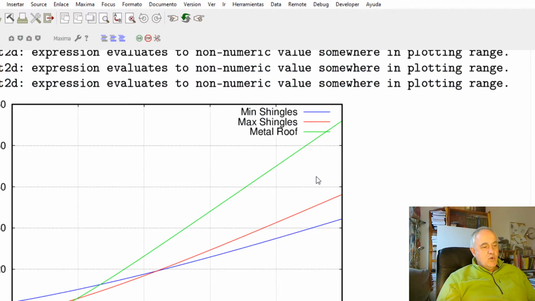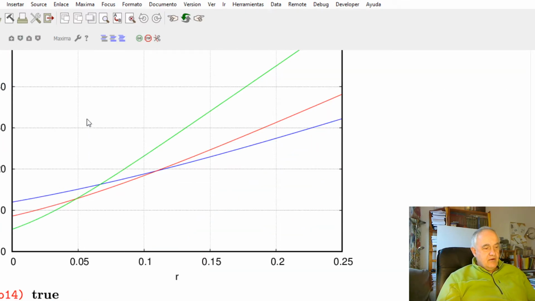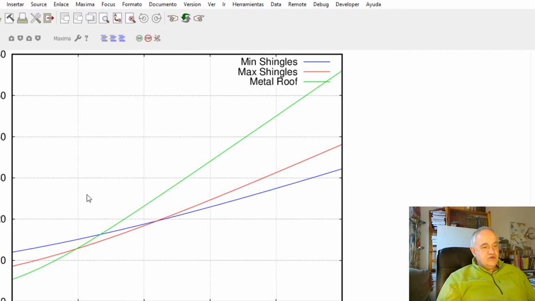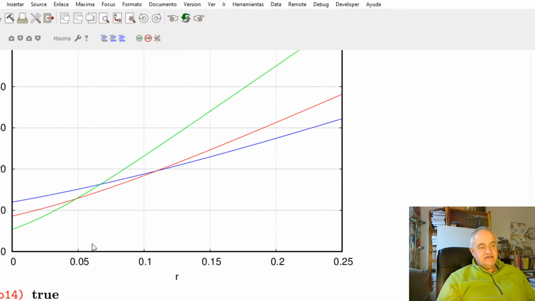That means we are in the area where the red solution, max shingles, is the candidate. But move it back towards 4 or push it forward above 11 and the solution may change.